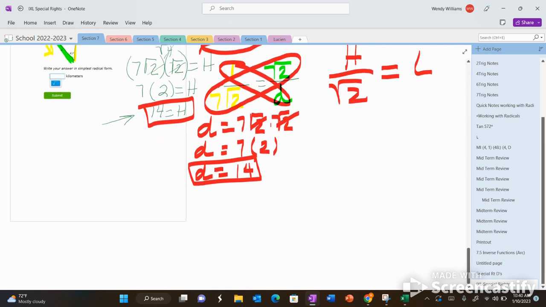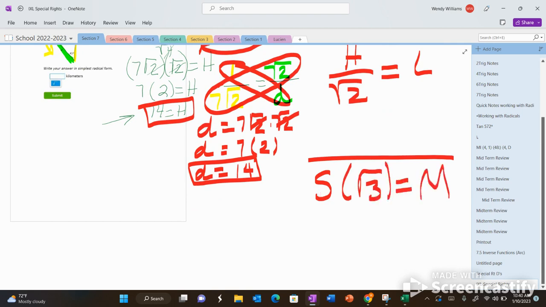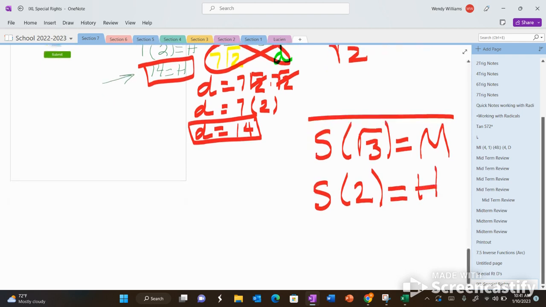On a 30, 60, 90, given the small, we multiply by the square root of 3 to get to the medium. Given the small, we multiply by 2 to get to the hypotenuse.